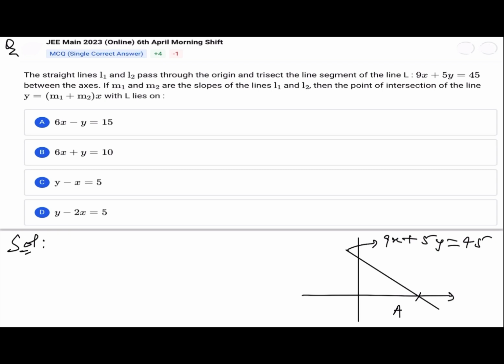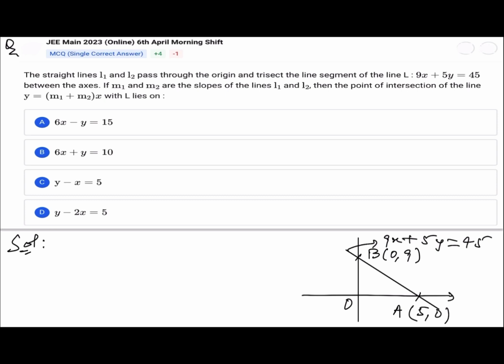If it is intersecting the x-axis at A, then A will be 5 comma 0, and similarly B will be 0 comma 9, where B is the intersection of the given line with the y-axis.